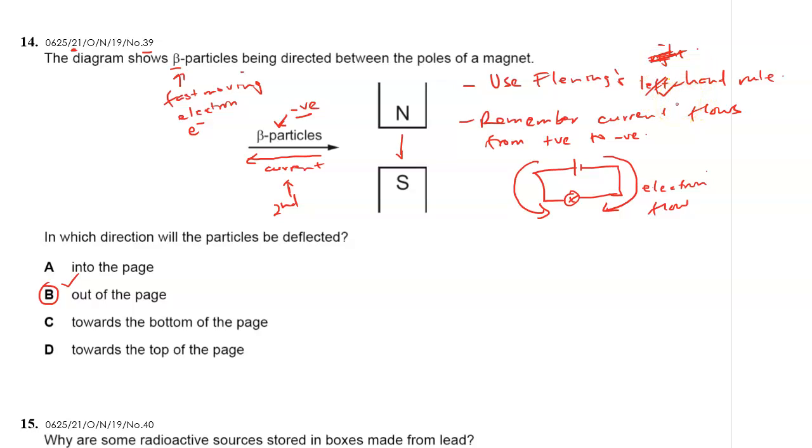So first finger is the direction of field, which is downwards, right? First finger, and this is second finger. Will point in those directions. Therefore, you'll find that the direction of deflection of the particles inside the magnetic field between the north and the south poles of this magnet will be out of page. So the answer is B right there.